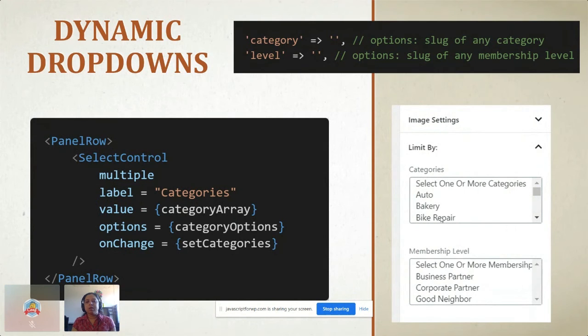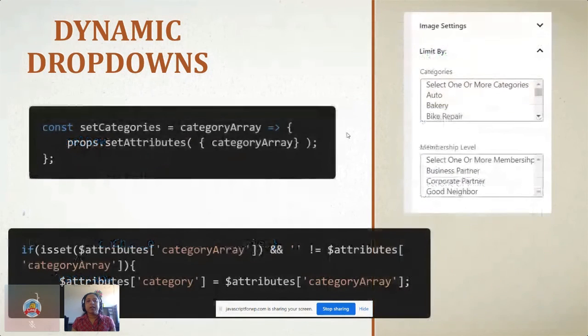Now I needed to take all these categories or membership levels from this array into my shortcode, which needed them inside the category attribute. The shortcode does not have this array attribute, only my block has it. So inside my PHP callback function, I took all the category array values and put them into the category attribute.